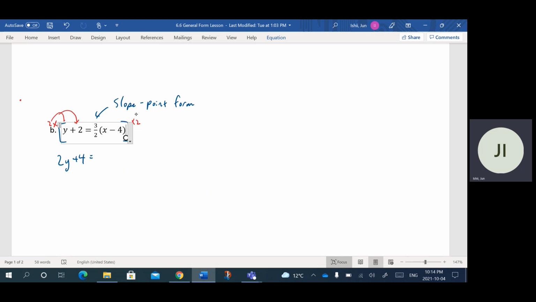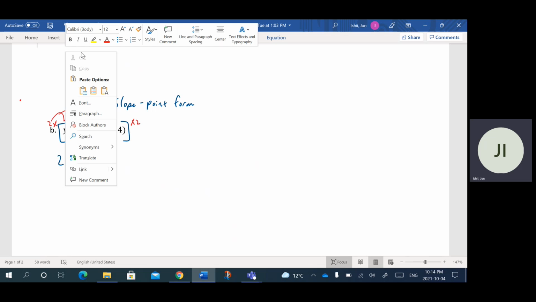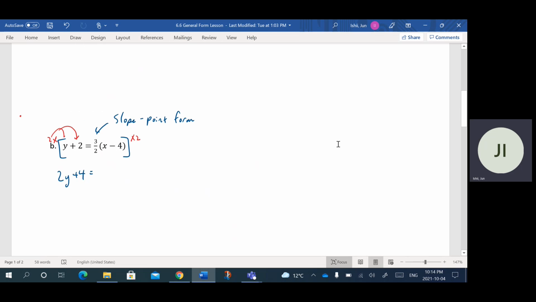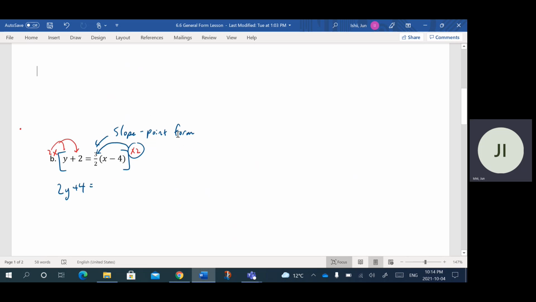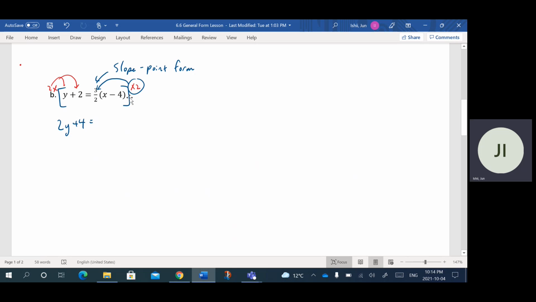Now on this side, if I multiply everything by 2, basically I'm multiplying the coefficient 3/2 by 2. This is one term because the 3/2 is being multiplied with this set of brackets.